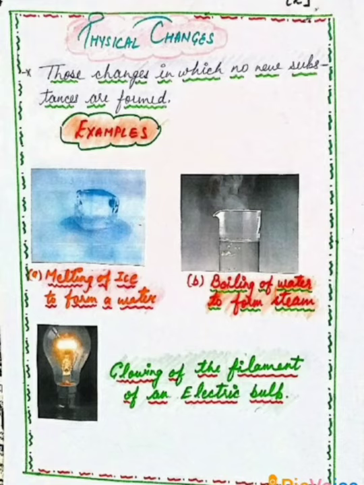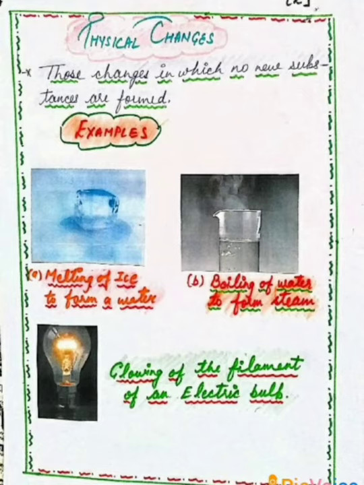Some common examples of physical changes are: melting of ice, freezing of water, boiling of water, condensation of steam, making a solution, glowing of an electric bulb, and breaking of a glass tumbler. These are examples of physical changes.